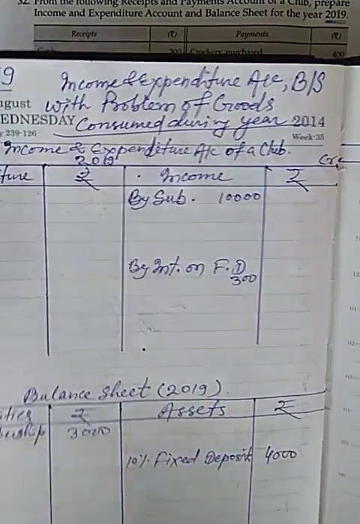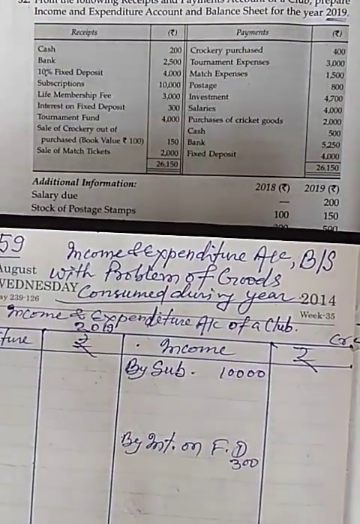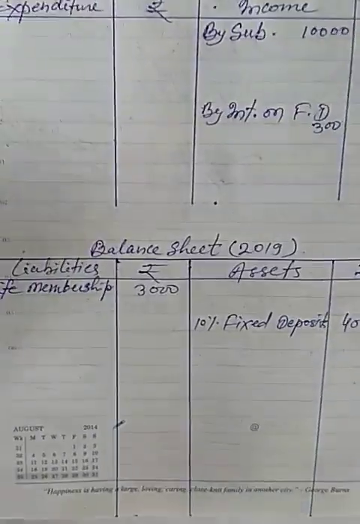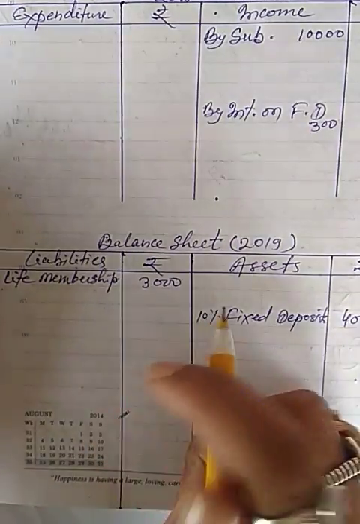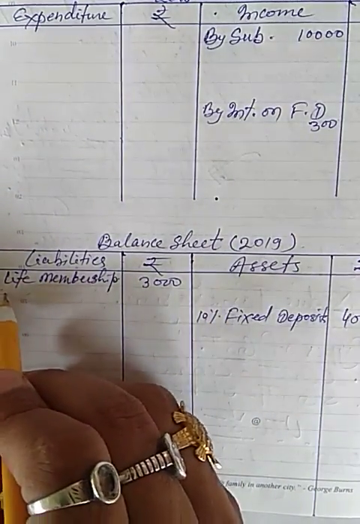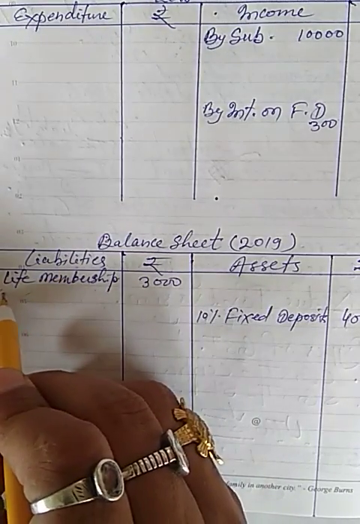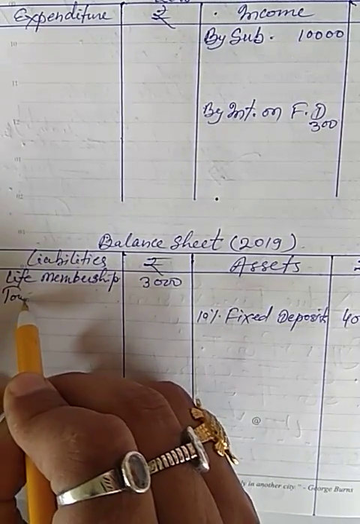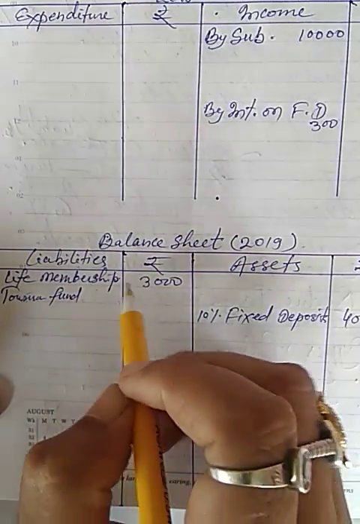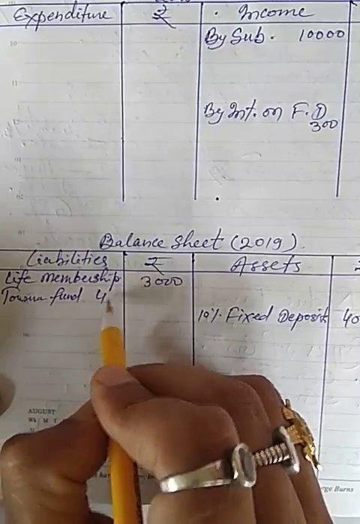Now tournament fund is given. Tournament fund will be our liability, so it will be shown in liability side. Tournament fund amount is given 4,000.